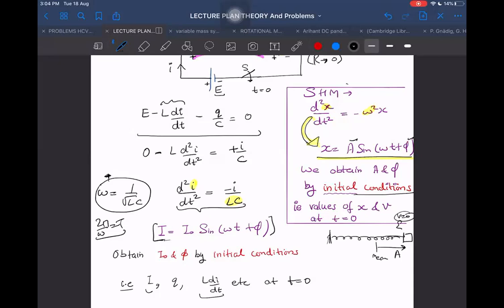Then I will differentiate x to get the velocity, and in that velocity term I will put t equal to 0. If I differentiate it, I get a omega cos omega t plus phi.